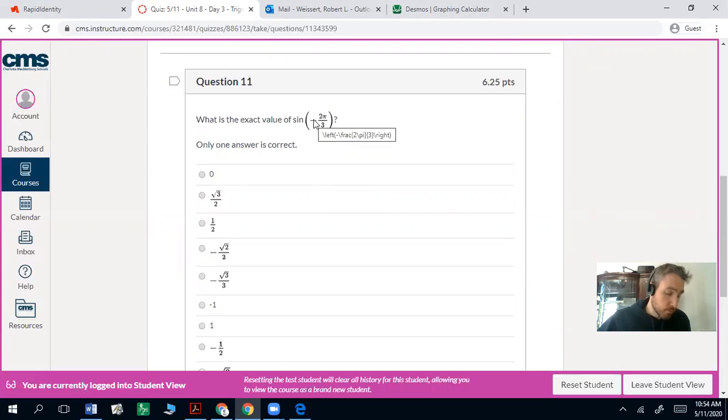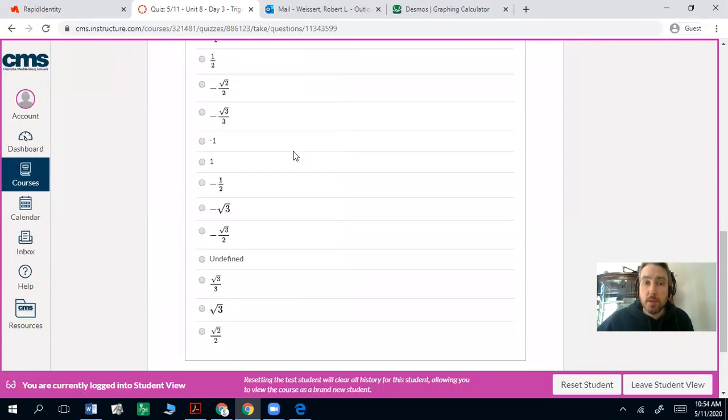So you can do this using the unit circle, or we can do this using Desmos, and we can set our modes to degree or radian to figure out what the number is.